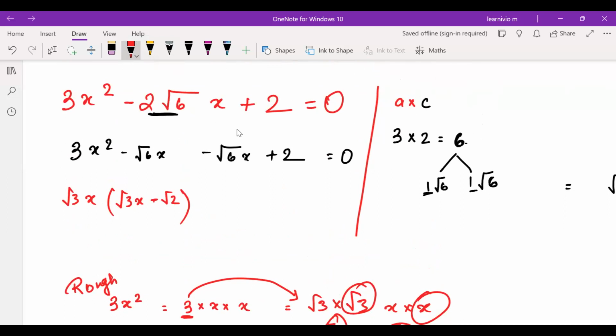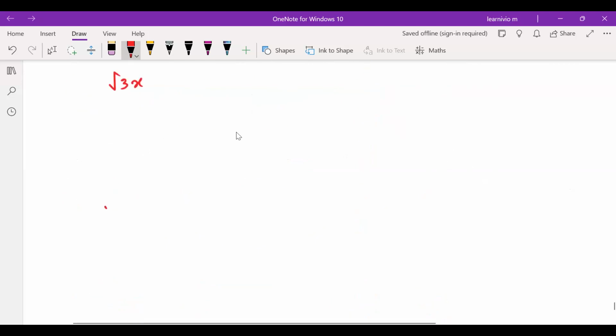What can be taken as a common factor? Let's do it again. Root 6 x is there and 2 is there.